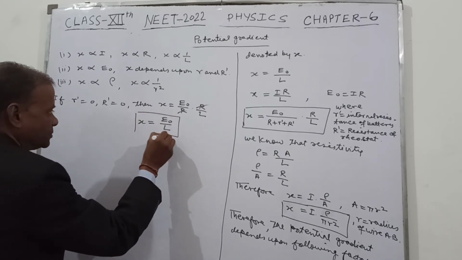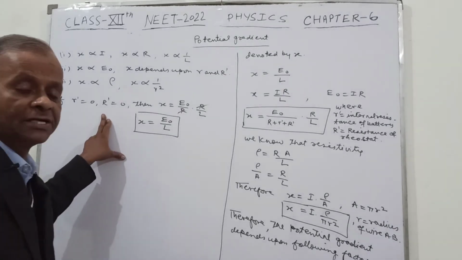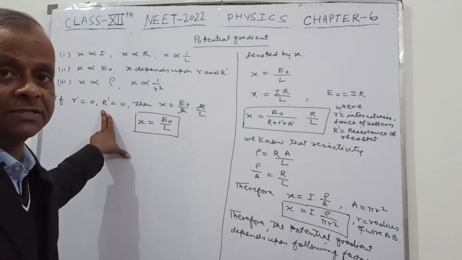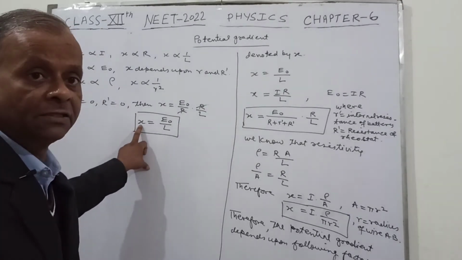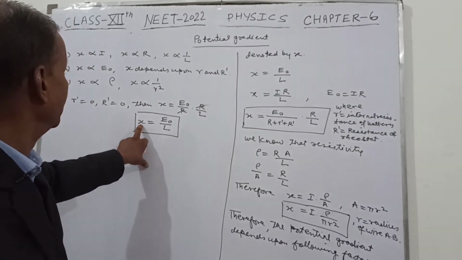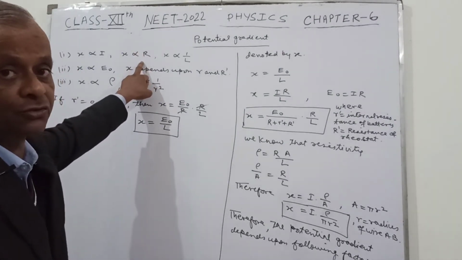This is not so much. In this situation, when the internal resistance of the cell and the resistance of the rheostat are taken to 0, the potential gradient does not depend upon the resistance of the wire AB, as we said here x proportional to R. This is not so.